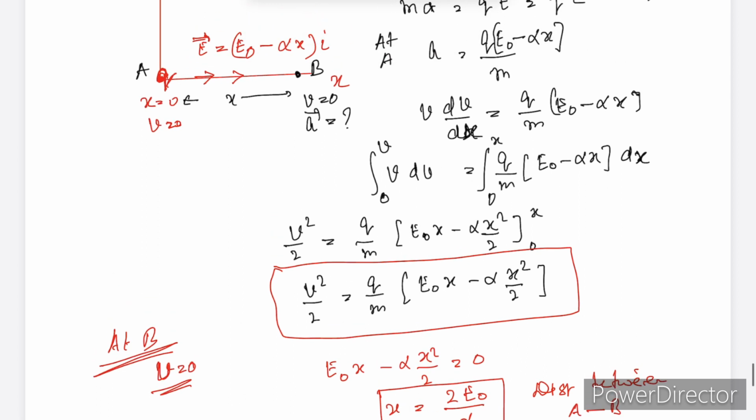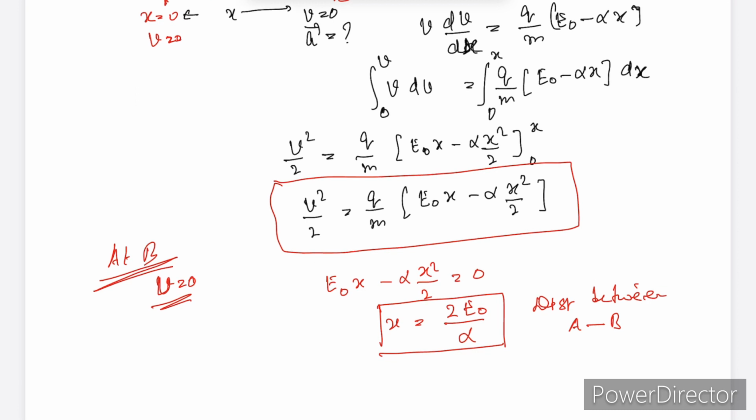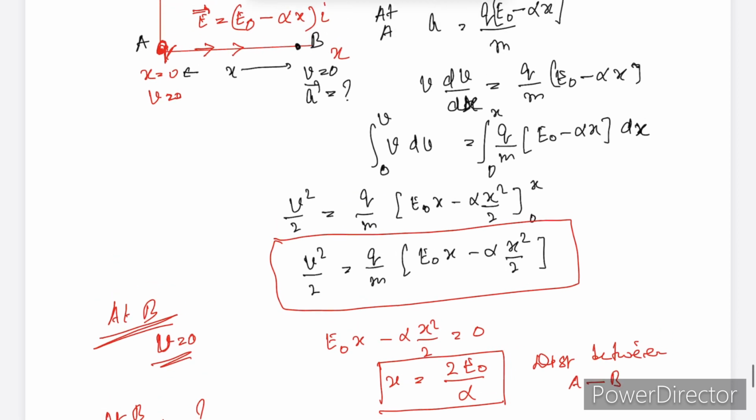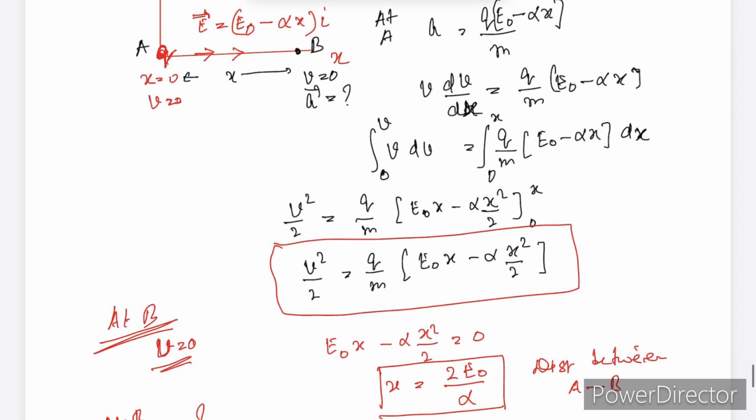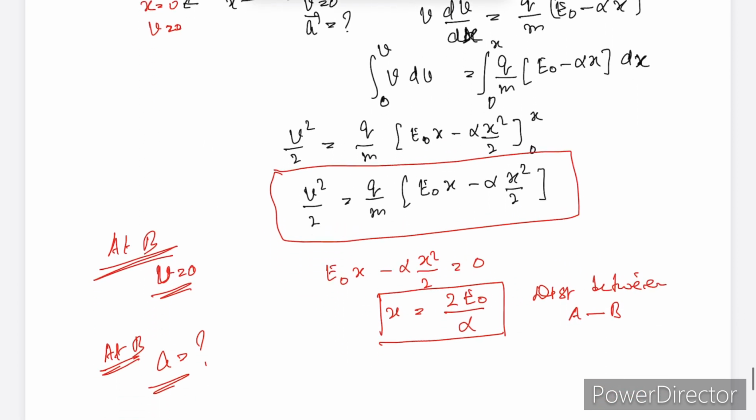Next, we have to find the acceleration also at point B. How are we going to find it? We know that a is a function of x, that is q upon m (E0 minus alpha x).